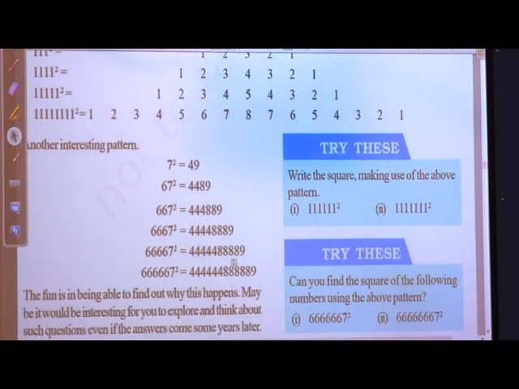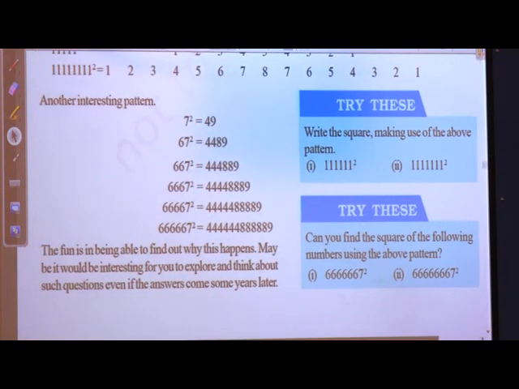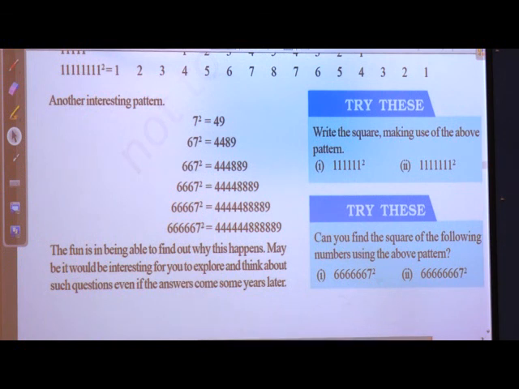Another interesting pattern: 7 squared is 49. 67 squared is 4,489. 667 squared is 444,889.